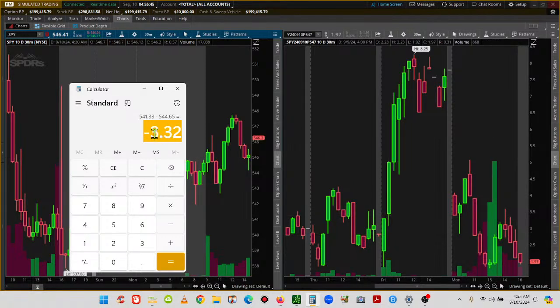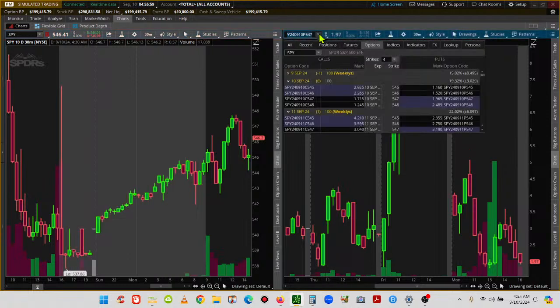So it opened 3.32 points different on the underlying SPY. Okay, so the option for that strike of 547 became worth less money.